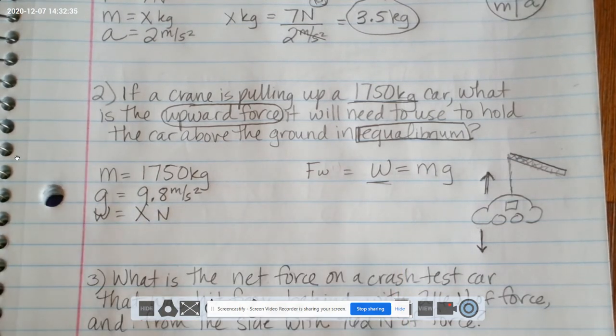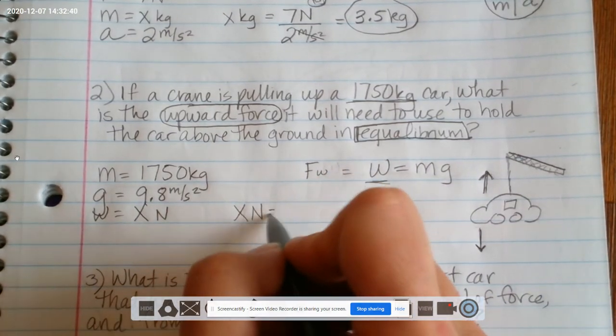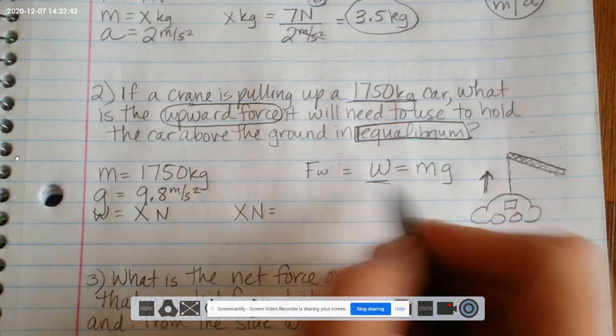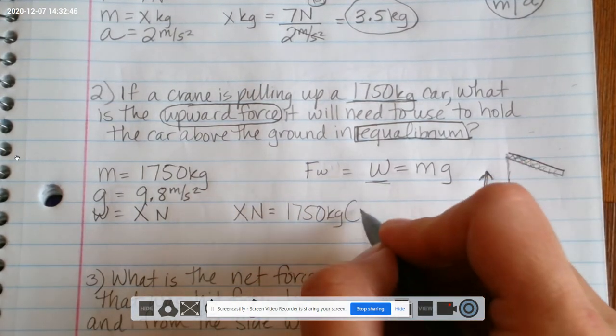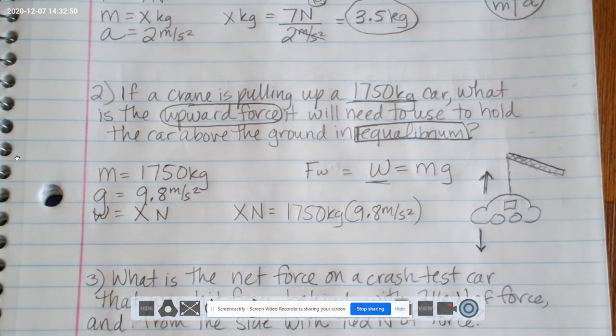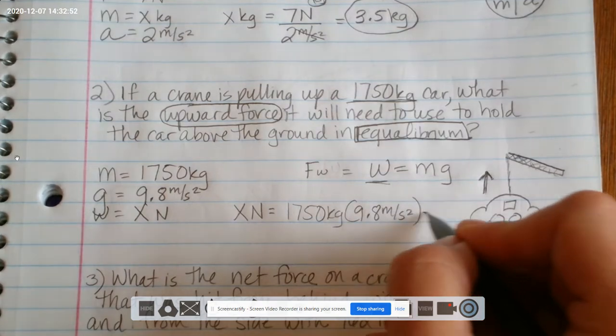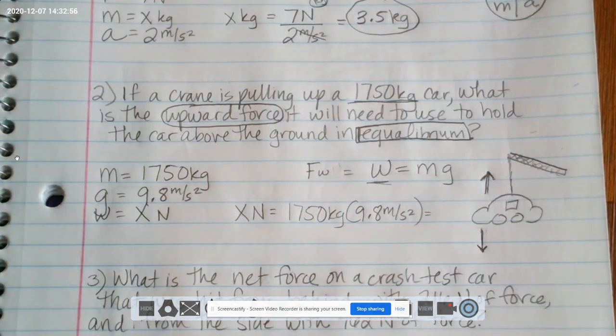So I'm going to use this equation: weight equals mass times gravity. X newtons is my weight. I need the mass of 1,750 kilograms, and I'm going to multiply that by 9.8 meters per second squared. And that is going to give me the downward weight, or downward force, the car is pulling on the crane.